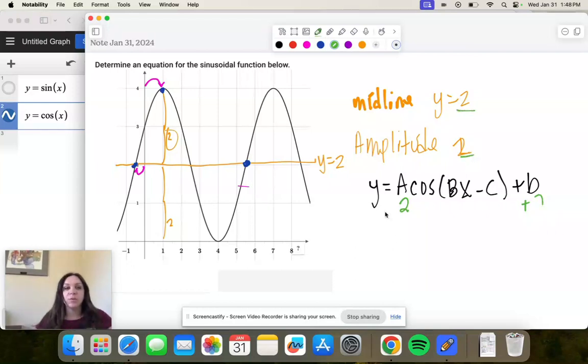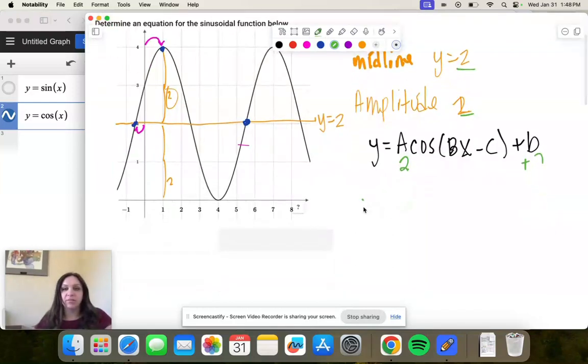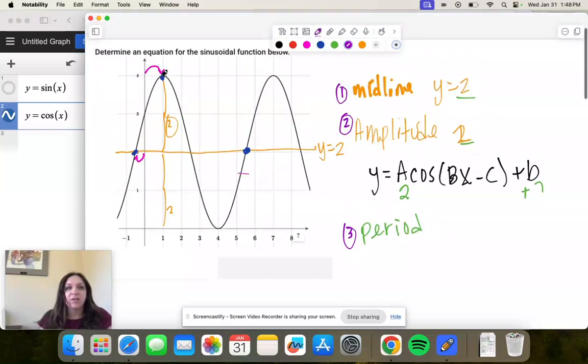Okay, so next we want to find the period. So if you're going in order, start with midline, then amplitude, choose cosine or sine, and now we're going to go to the period. So I like to go maximum to maximum and look at that distance. So we're going from 1 to 7, so our period is 6.